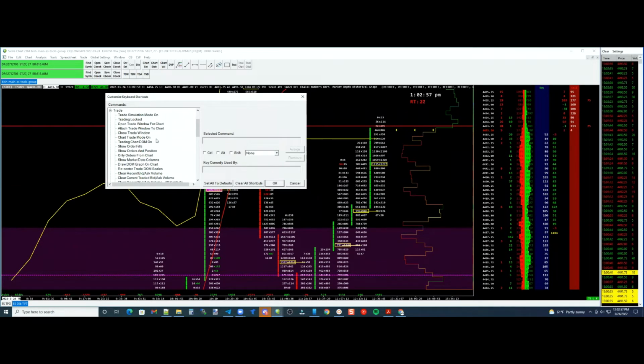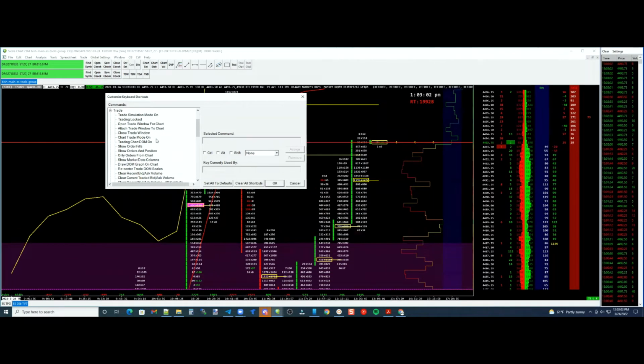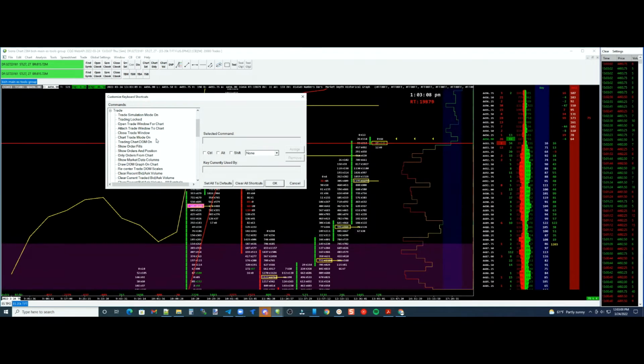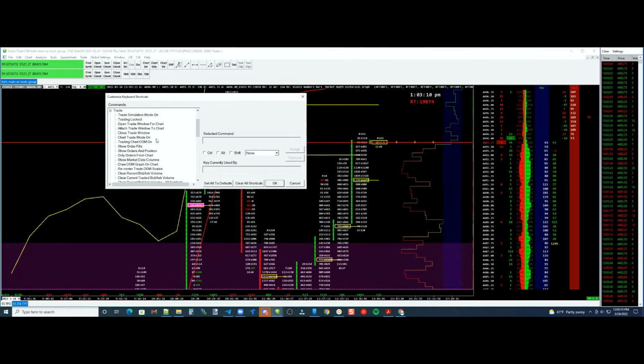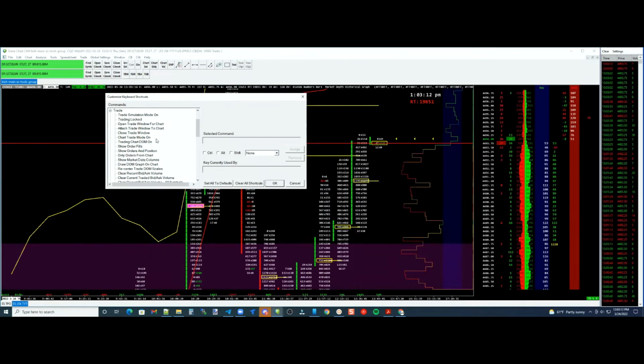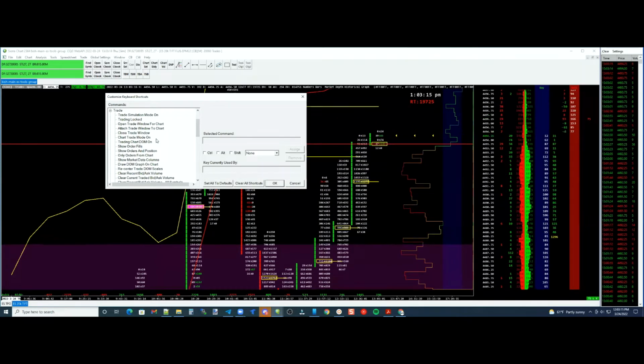I had set them up and I was marketing in 10 lots. I thought I was canceling or flattening that position, and I don't know what it was, but I kept on entering 10 lots rather than flattening my position.